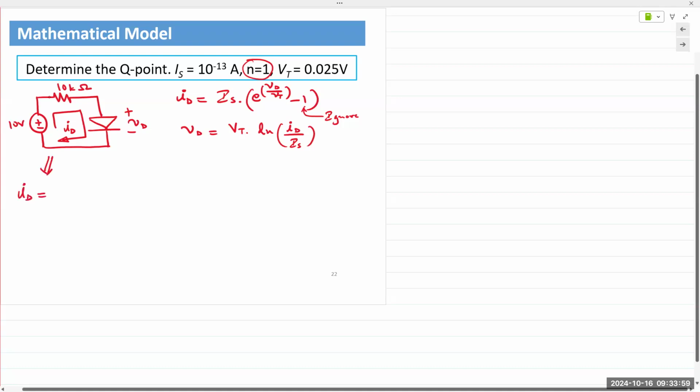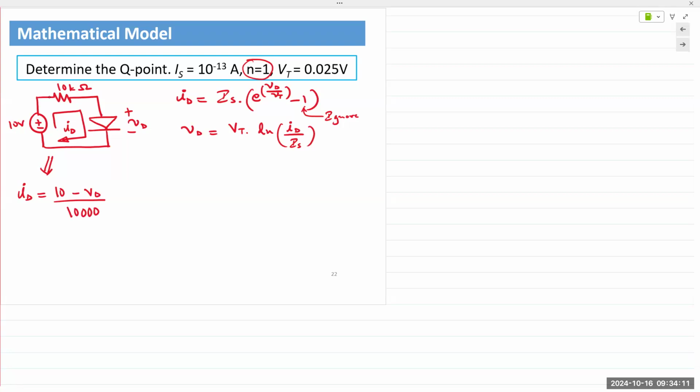ID is equal to 10 minus VD divided by 10,000. So that's a secondary equation that has, again, 2 unknown variables, ID and VD.